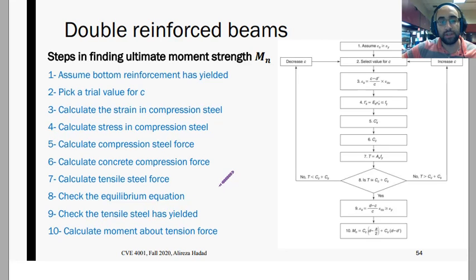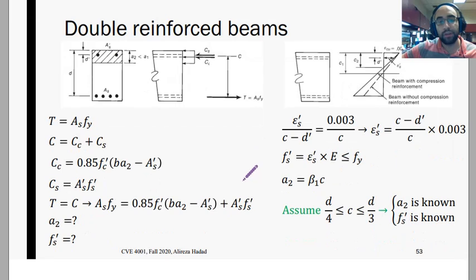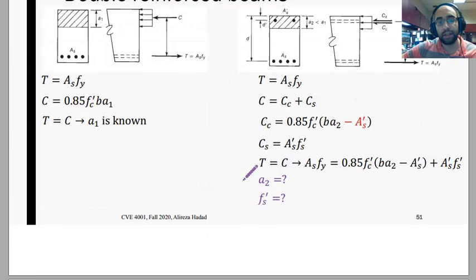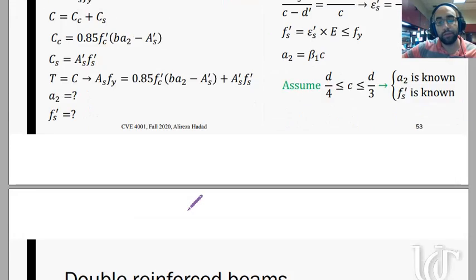reinforced sections. The major difference that we have in double reinforced sections versus regular sections is the fact that in these sections, we have to make an assumption about c, or the depth of neutral axis, and based on that, we have to find the depth of compression block and the stress in compression reinforcement.